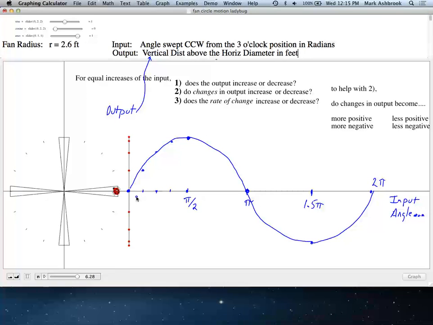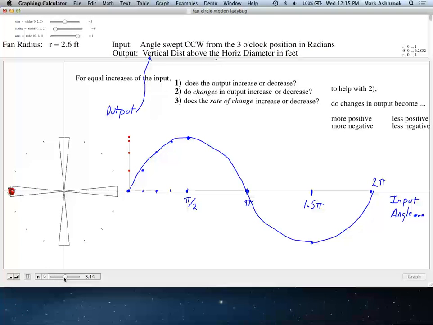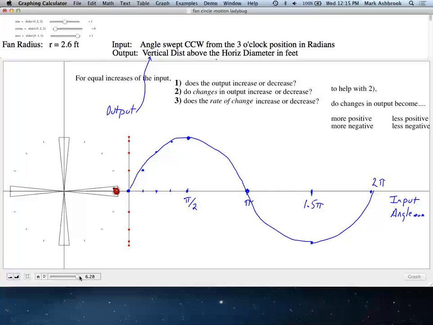In the first half of the circle, it goes up to the top and then back down to its original height of 0. And then in the second half of the circle, it goes down to the lowest point, negative 2.6, and then back to its starting value of 0 on the midline. And so that's what that graph is showing.